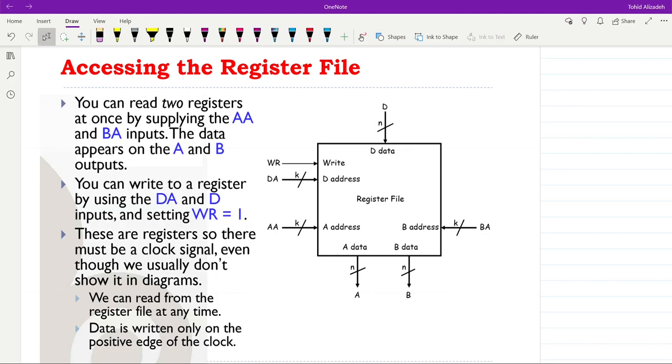For this configuration, we can read two registers at the same time because we have two data outputs, as you can see here, A data and B data. We can provide a proper address for B address and A address, and therefore we will have access to the content of two registers at the same time.